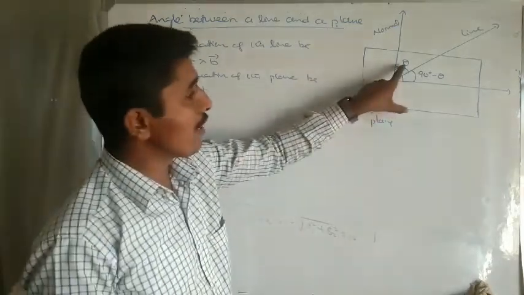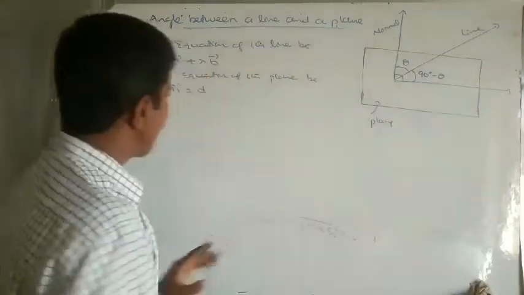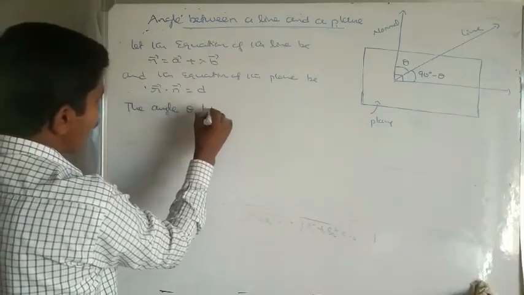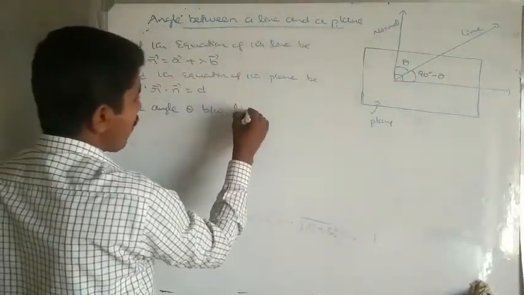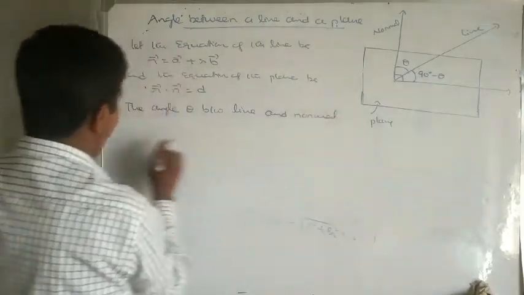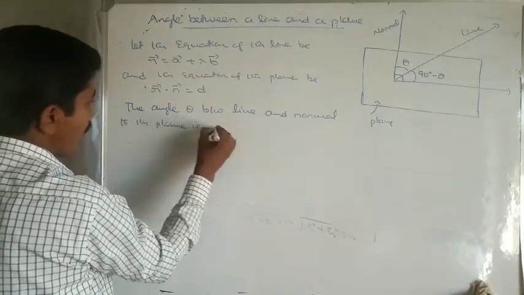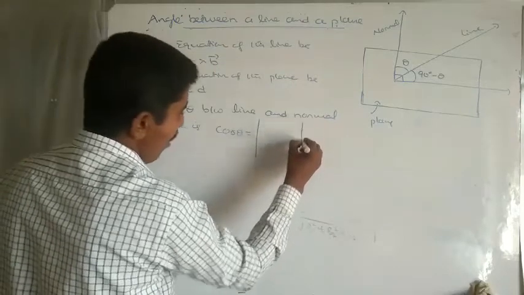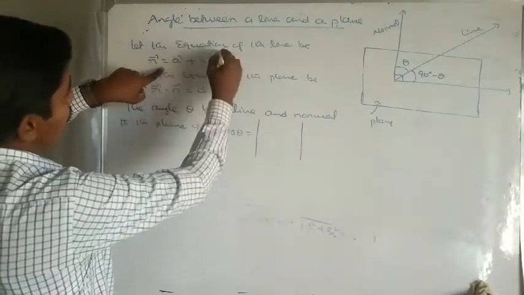First I am going to find theta. Here theta is the angle between the normal to the plane and the line. The angle theta between the line and the normal to the plane is given by cos theta equal to modulus of vector b dot vector n.